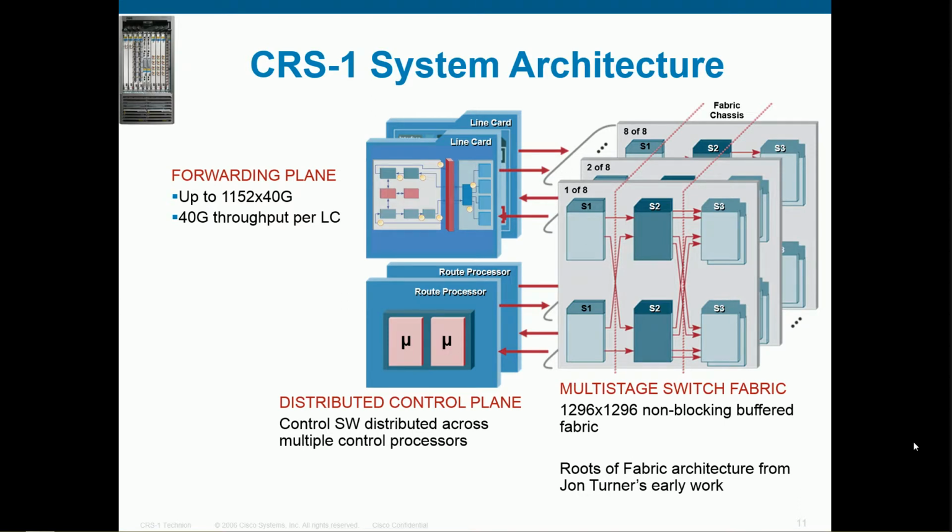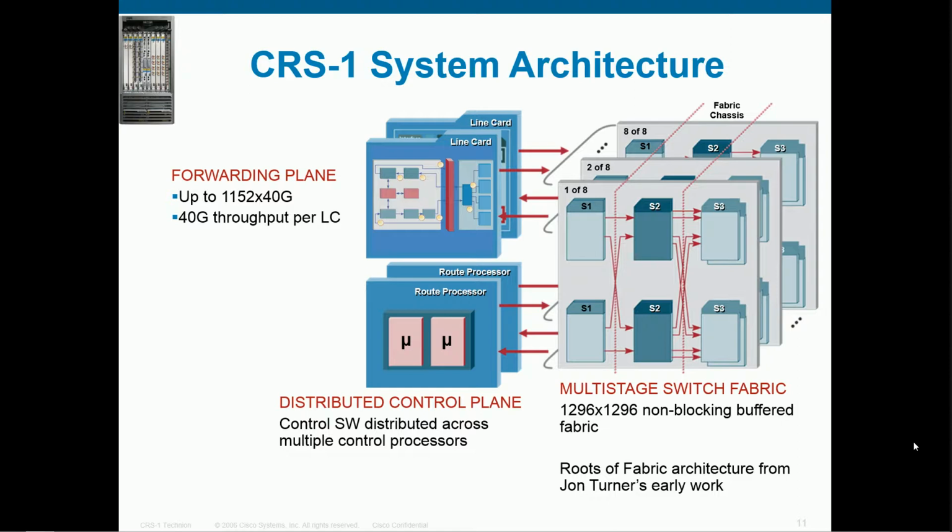So how are the CRSs designed? Essentially, we're looking at about 40 gigabits of data throughput per line card. And you can do in tandem 1100 line cards.